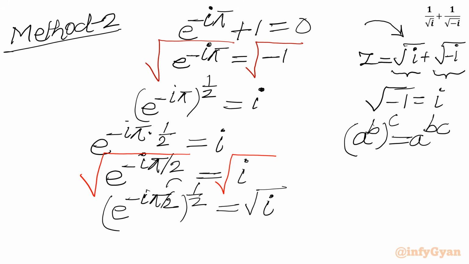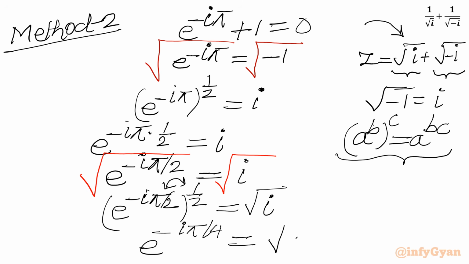Now we can multiply these two powers using the exponent property. So e^(-iπ/4) is equal to √i. So we have calculated the expression √i.